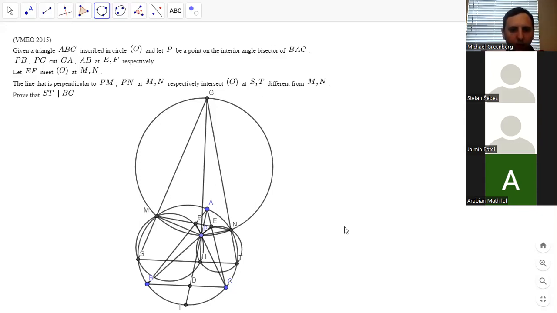Okay, so yeah, we want to show that GP is perpendicular. Yeah, we haven't used yet that M and N lie on EF.